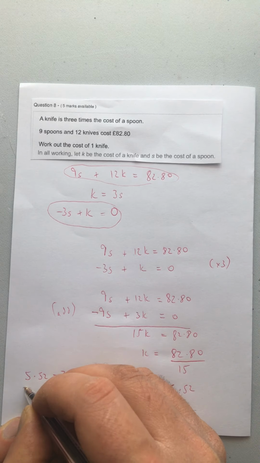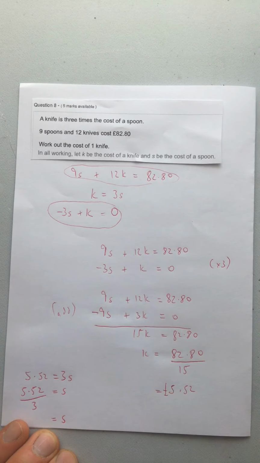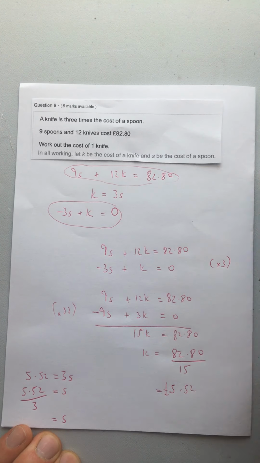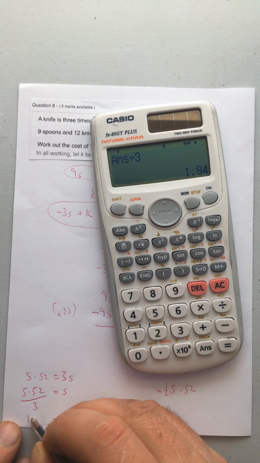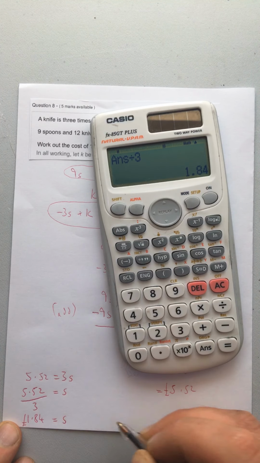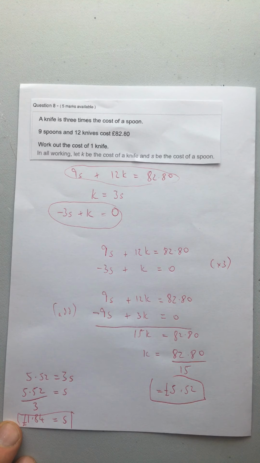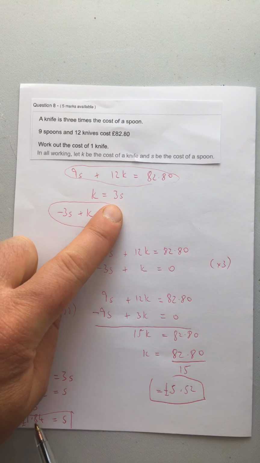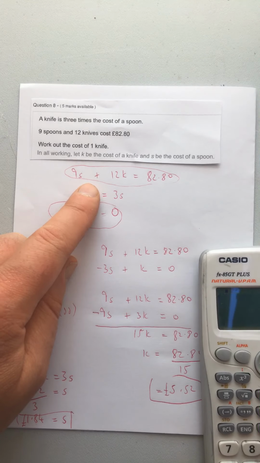So to find out what S is, I'm just going to do £5.52 divided by 3, and the cost of a spoon turns out to be £1.84. So I've got £5.52 and £1.84, and then let's just check I'm right. 3 times that is that. I've kind of already just done that in reverse, I'm not going to check that again.